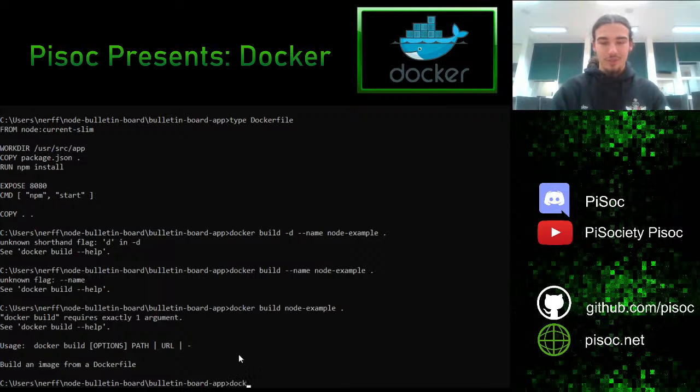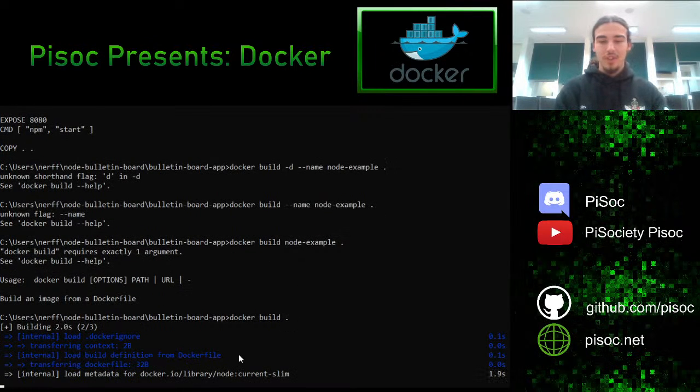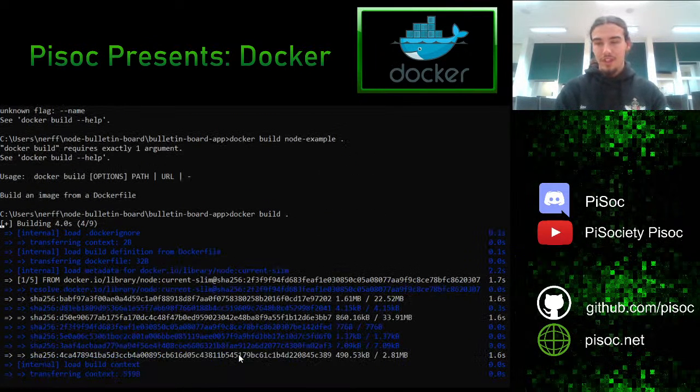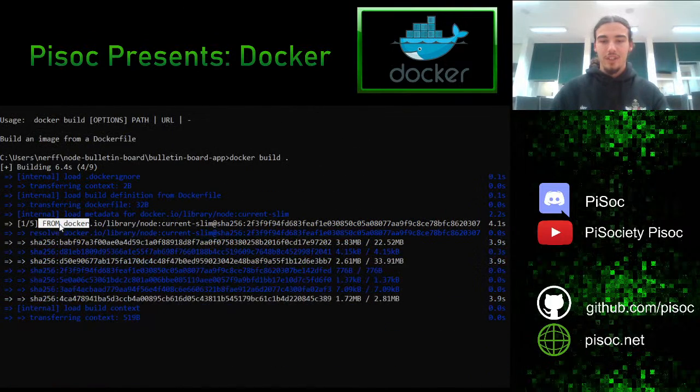Okay, I forgot to delete the name. Sorry, guys. So dot, and that is going to build our own container from the Docker file. And here you can see the FROM command that we saw. It's building that. It's going to follow the commands in sequence, and after that, we're going to have a running container and an image that we can check with our docker images command.